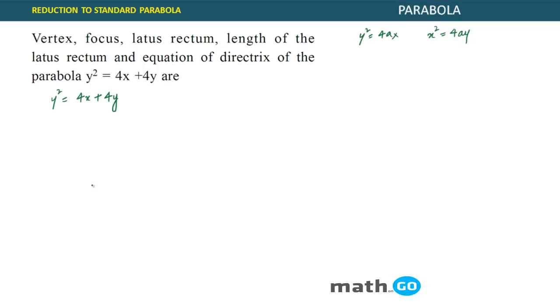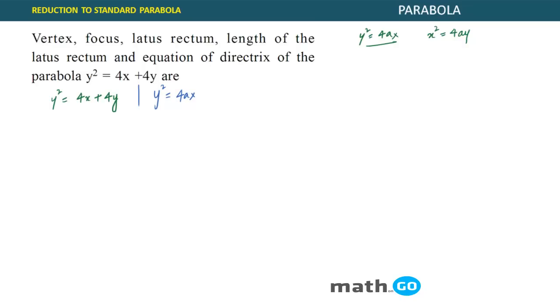There is a term of y square and y also, whereas the standard form for quadratic in y should only be y square equal to 4ax.